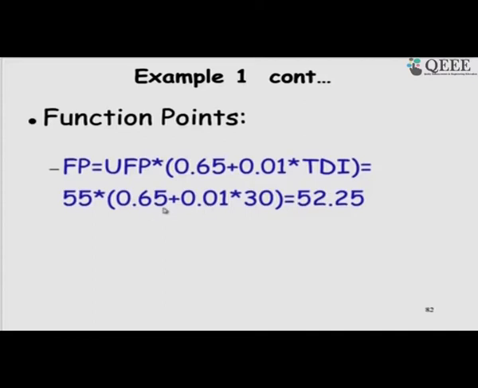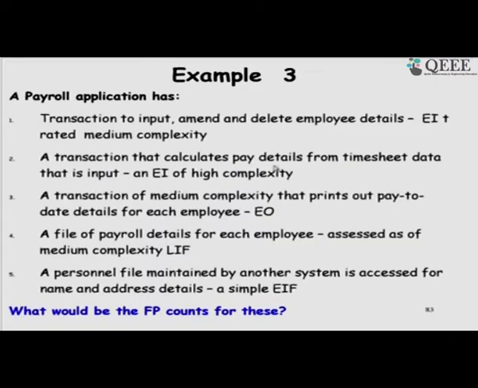So, this becomes 0.95, which is slightly less than 55. So, we get 52.25. So, the result of considering the complexity factors, we scale down the initial function point count from 55 to 52.25.